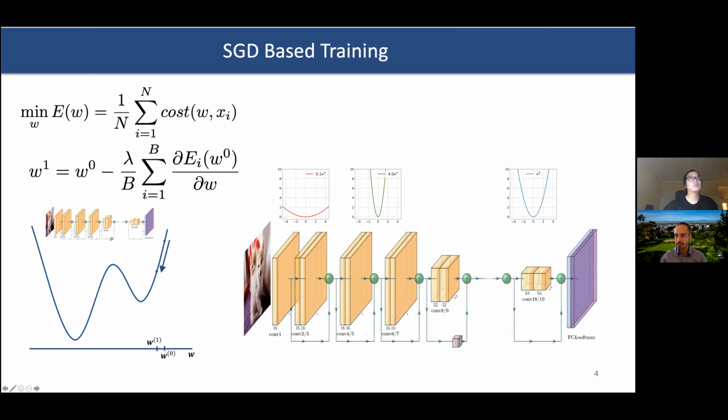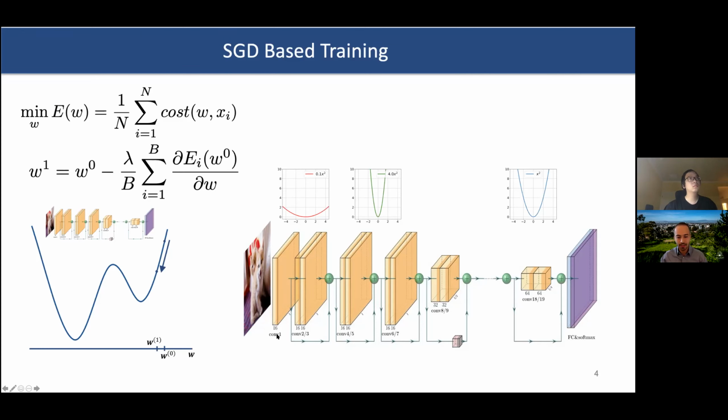So let's consider a very simple, hypothetical, overly simplified case where we are only considering y equals x squared as our loss landscape. Let's consider you have your ResNet, and the ResNet has 20 layers. So this is the input, this is the output. Let's hypothetically assume that every one of these layers had only one parameter instead of many thousand, and the loss landscape corresponding to that one parameter was a parabola.